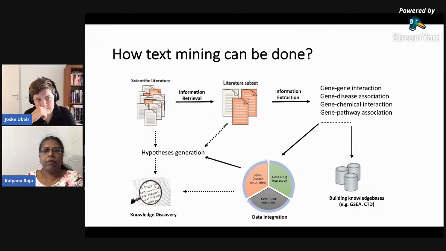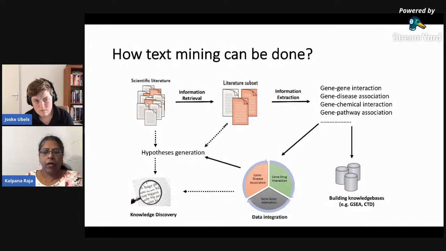So once we have the subset of literatures, the other steps in text mining come into picture. So let's see information extraction. That is a common step next. Automatically, we can get the information from PubMed articles, whatever we are interested in. Some of the examples include gene-gene interaction, gene-disease association, gene-chemical interaction, gene-pathway association, and there are many more. So once we have extracted the information from PubMed, what can we do?